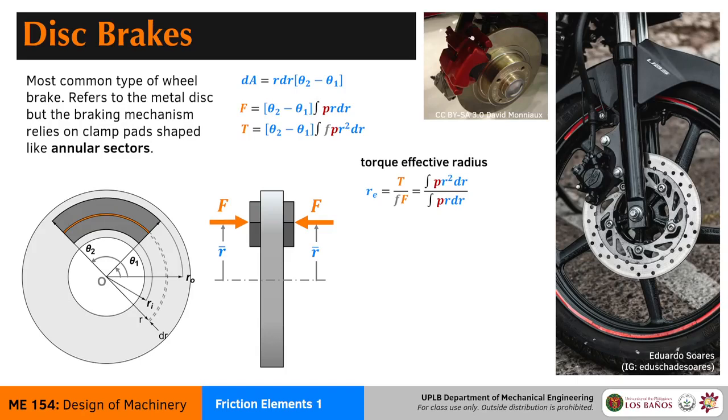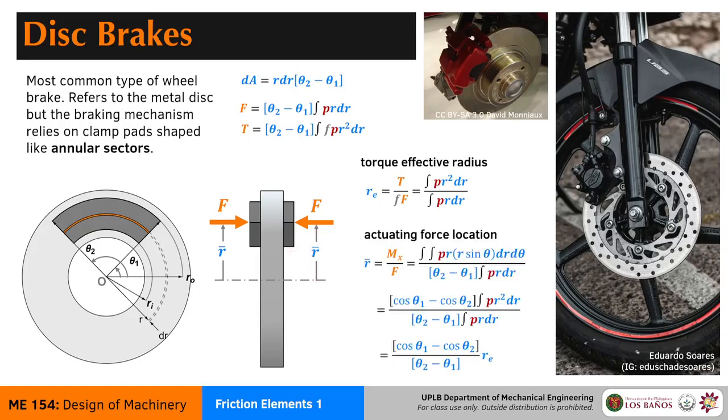However, as it turns out, the location of the actuating force is actually a little different from the effective radius. So this is a symbol for the location of the force, and we can calculate that. And it turns out that the location of the force is actually the effective radius times this fraction. So it's kind of weird, but it is what it is.